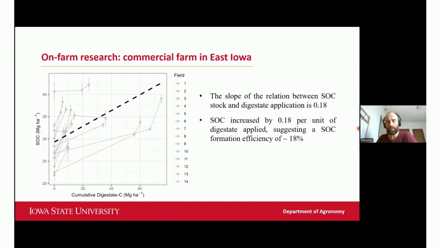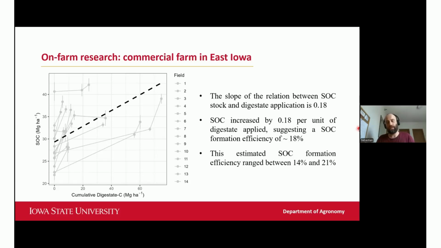And this means that the soil organic carbon increased by 0.18 per unit of digestate applied. And this suggests that the soil organic carbon formation efficiency is around 18%.